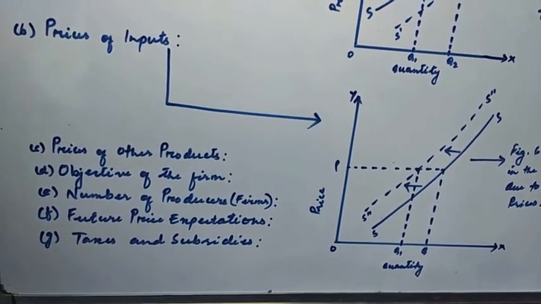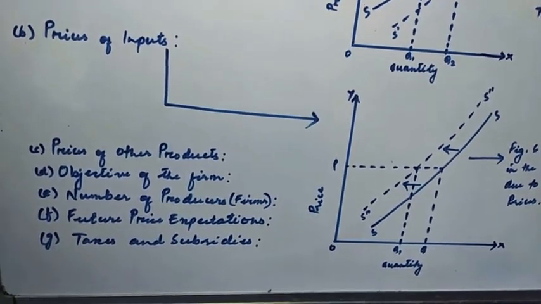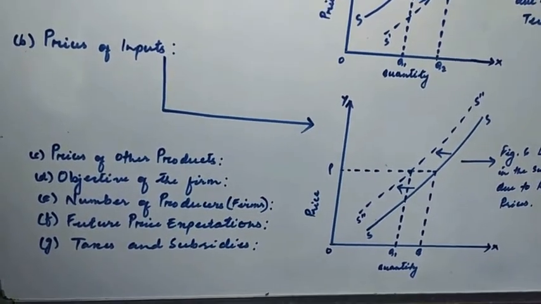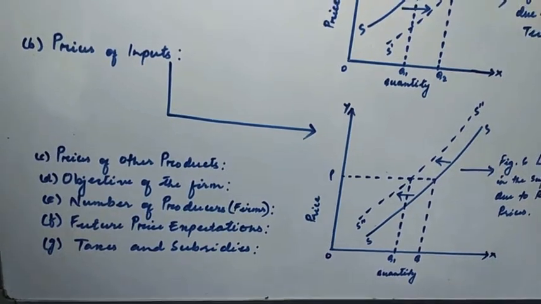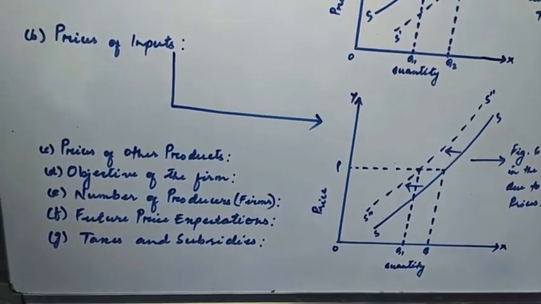When that situation comes, sellers expect prices to rise in the future. So if they expect the prices to rise in the future, they would reduce supply of products in the market at present, and they would hoard them.